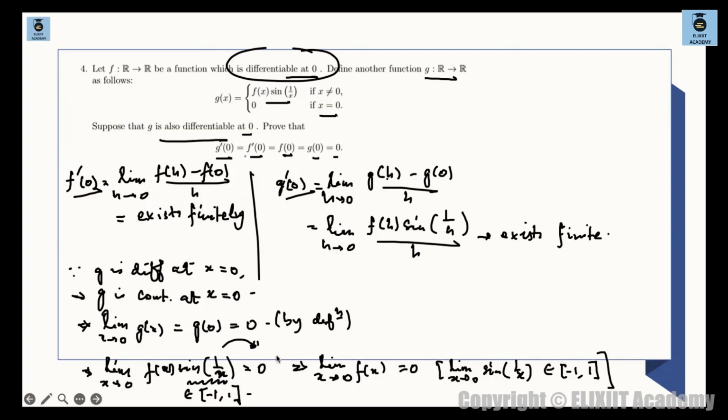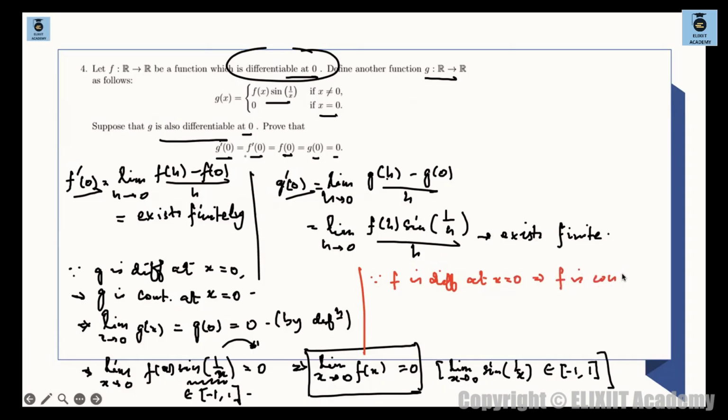Now we have derived this thing, limit x tending to 0, f(x) is equal to 0. Next, since f is differentiable at x equal to 0, f is also continuous at x equal to 0. So if f is continuous, we can again use the definition.